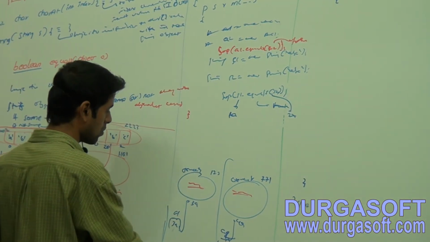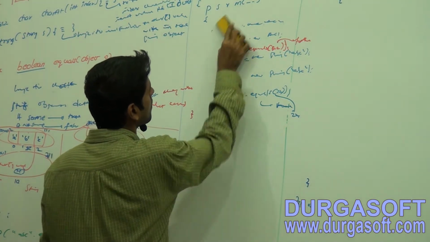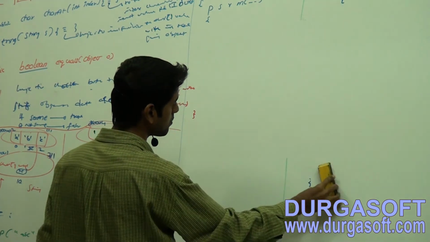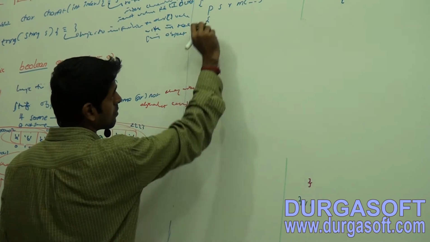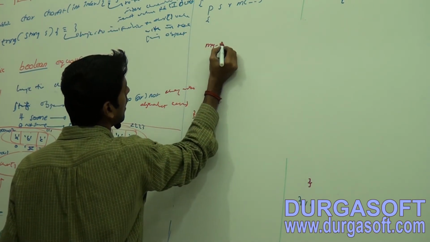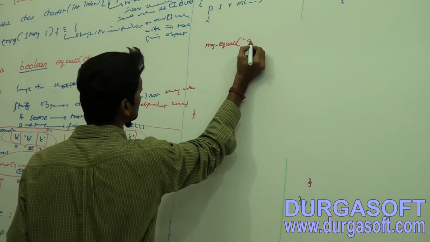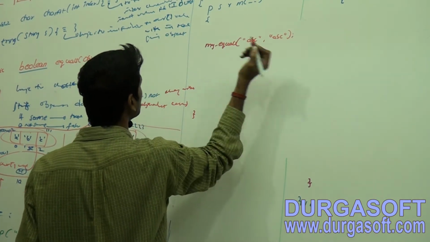Now let's go for the actual thing. Observe here. Now call that my equals method by passing any string object. A string literal, let it be, no issues friends.